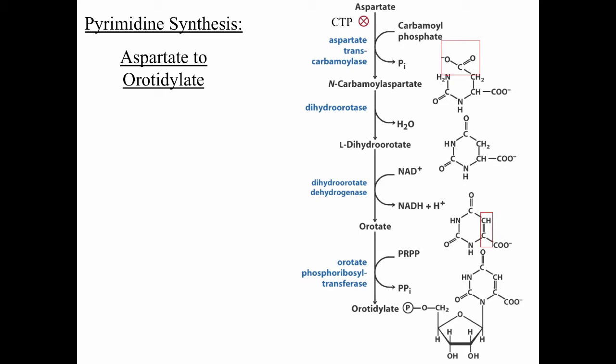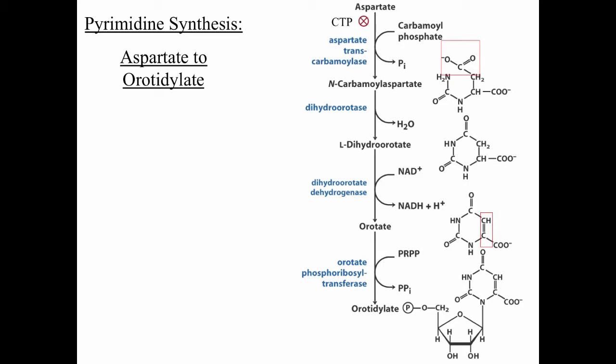Okay, and then later reactions involve later modifications followed by ring closure, until you get the 6-membered ring, and then you react it with PRPP in order to attach that 6-membered ring onto the ribose 5-phosphate backbone.